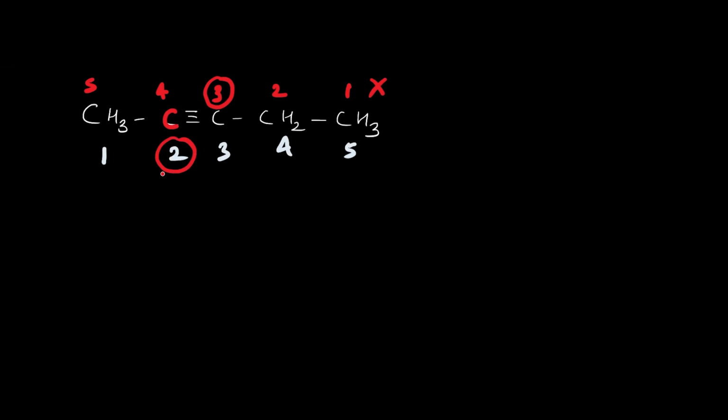The rule says numbering must be done in such a way that the carbon which contains the triple bond must get the least count. So it is pent-2-yne.